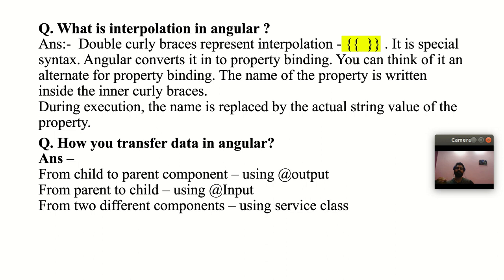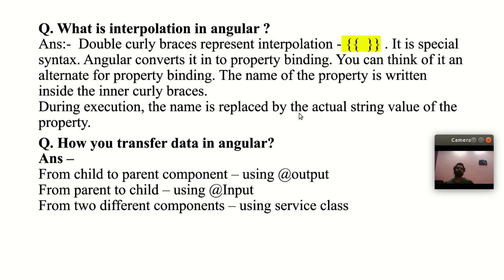You can think of it as an alternative to property binding in Angular. And if you have defined any member variable of a component inside these curly braces, then those values will be rendered directly in the UI, right? So this is interpolation in Angular.